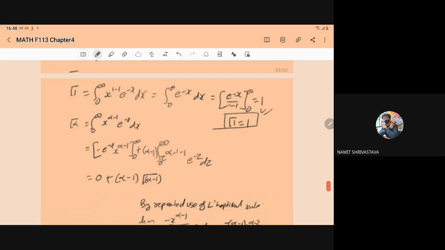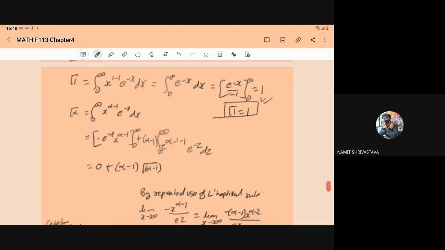Then gamma of alpha is what? The integral from 0 to infinity of x to the power alpha minus 1 e to the power minus x dx. That can be integrated by parts. So it is minus e to the power minus x times x to the power alpha minus 1, limit 0 to infinity, plus alpha minus 1 (the derivative of the first function) times the integral from 0 to infinity of x to the power alpha minus 1 minus 1, e to the power minus x dx.